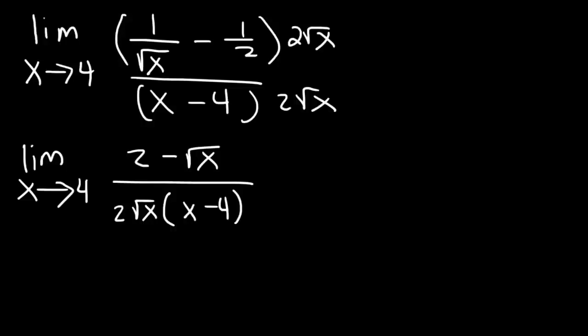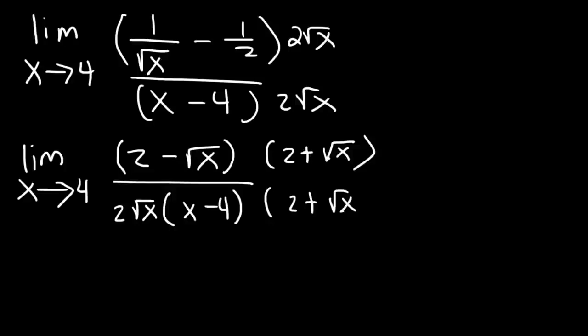So now my next step is to multiply the top and the bottom by the conjugate of the radical expression. That is by 2 plus square root x. Now I'm only going to FOIL the top part, not the bottom. So we have 2 times 2, which is 4.